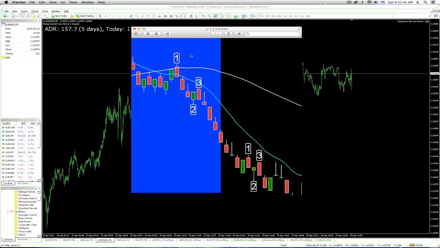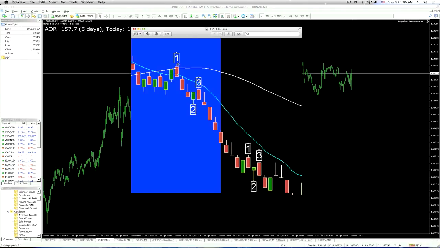So anyways, starting up here, we have a 1 and a 2 for a low. Now this is the first, this is a high because it's higher than over here. So this is a high 1. Now this is the first low that is put in which there was a candle that went higher than the high of this low.